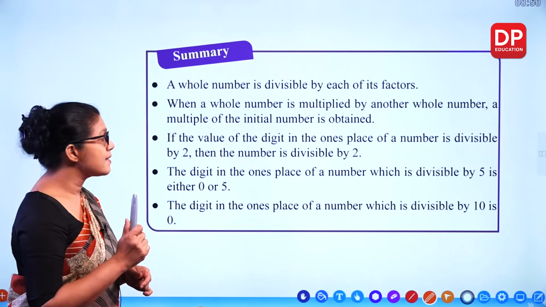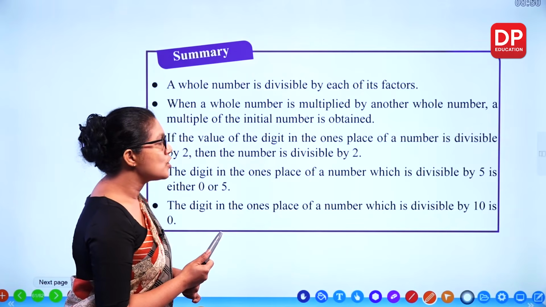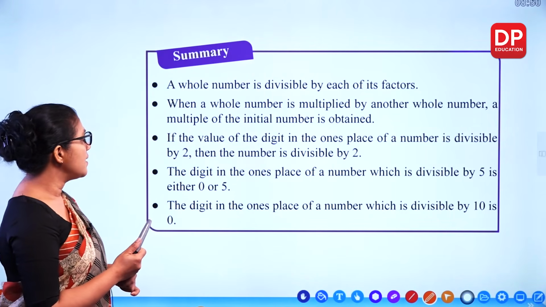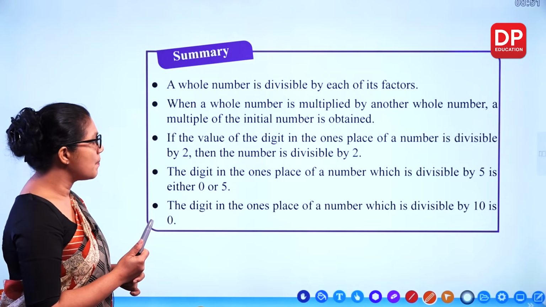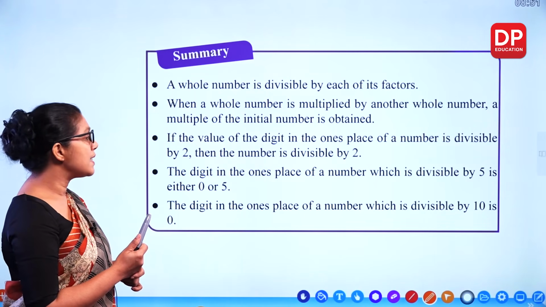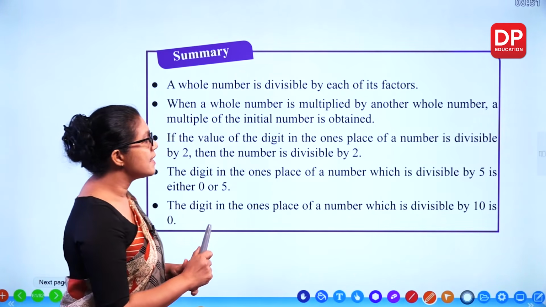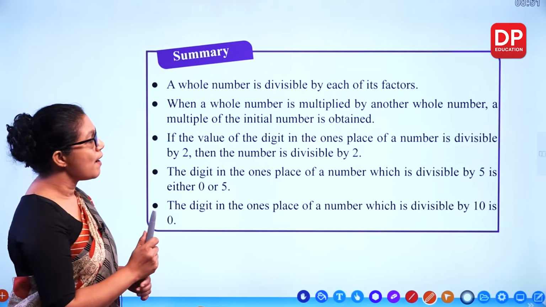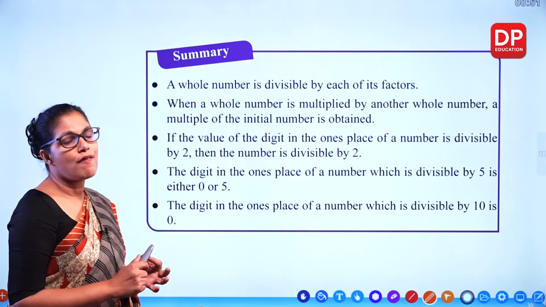That means the last digit. The digit in the ones place of a number which is divisible by 5 is either 0 or 5. The digit in the ones place of a number which is divisible by 10 is 0. So, remember all these to identify whether any number is divisible by 2, 5 and 10.